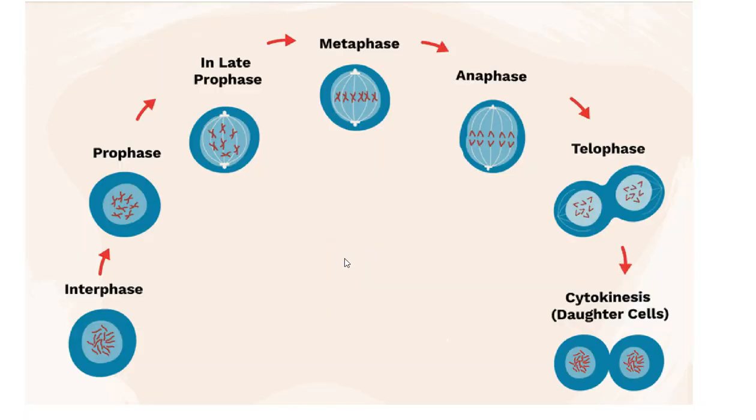So here's a better drawn version of all that I just borrowed from the internet. So over here you've got interphase, which again, the three phases of interphase are growth 1, where it's going through normal cellular processes, it's growing, it's doing cell stuff, it's making protein.